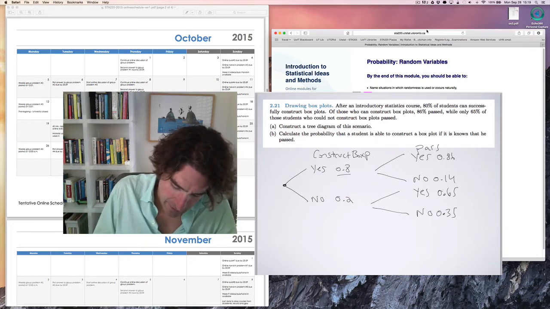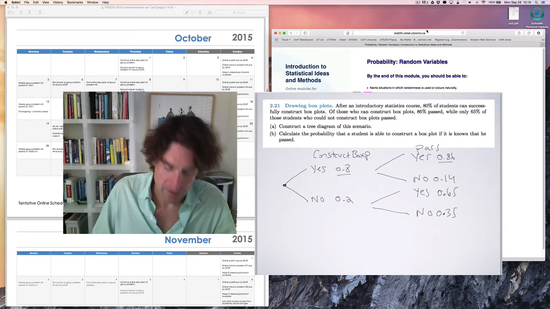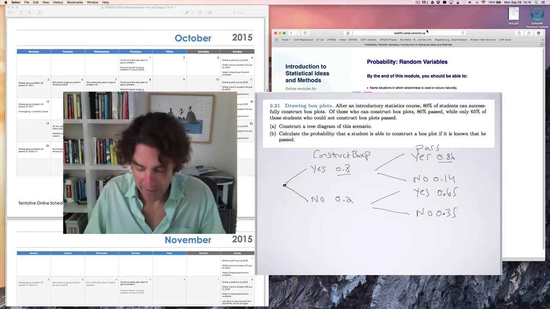Multiplying this probability with this probability gives us the probability of constructing a box plot and passing the course.